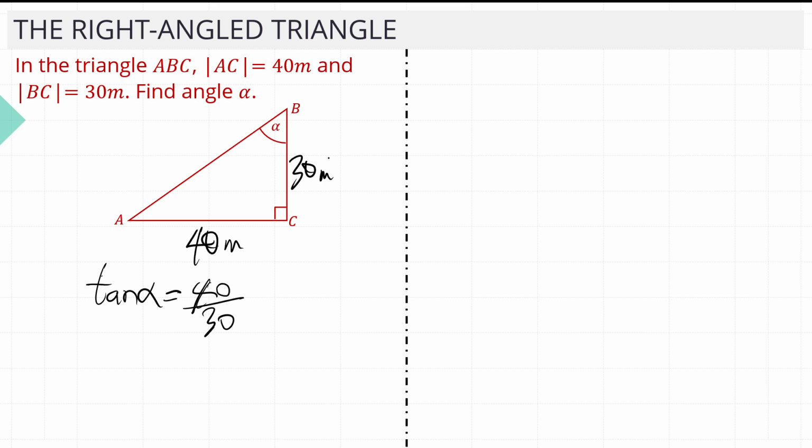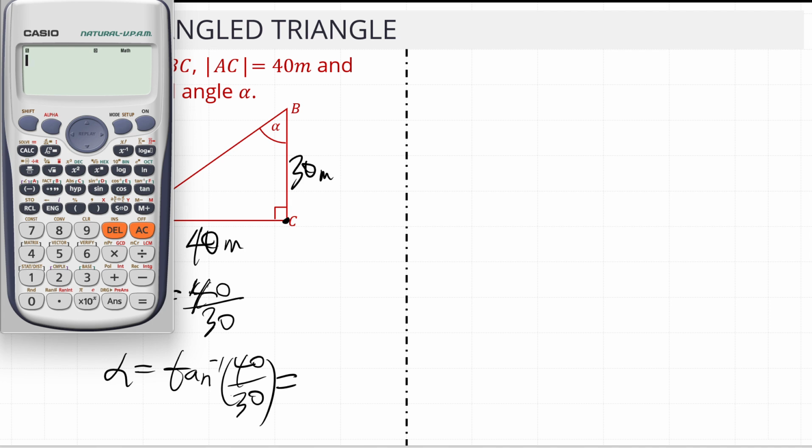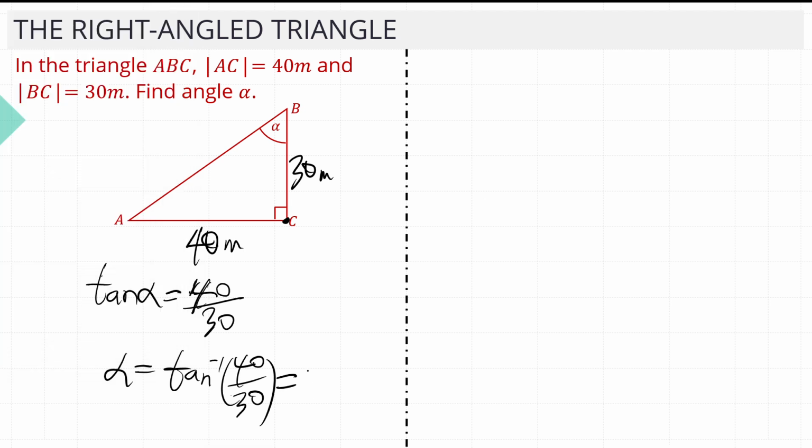Remember that the two sides that intersect at 90 degrees are the ones we are making use of. So when we take tan inverse of this, we have tan inverse of 40 divided by 30. That gives 53.1 degrees.